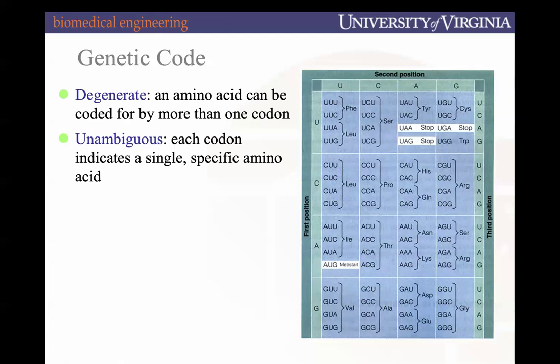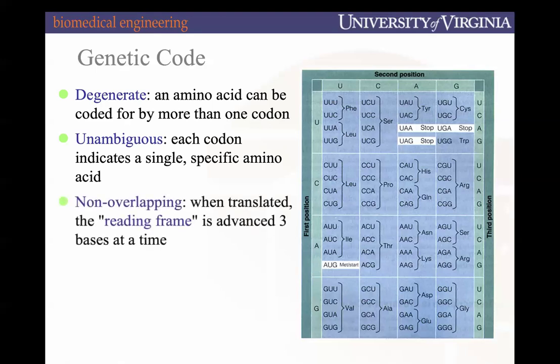So this is the unambiguous quality of our genetic code. It's also non-overlapping. What that means here is that during translation, there's a specific reading frame of 3 bases at a time. So that's why we've dubbed specifically 3 bases at a time as codons, because that is the reading frame within which translation is occurring.